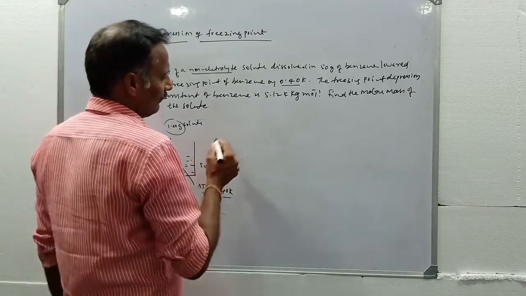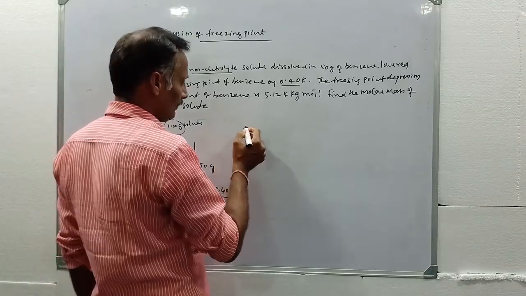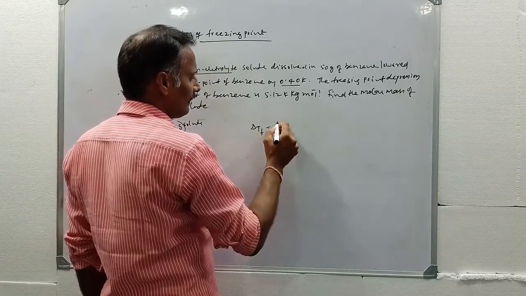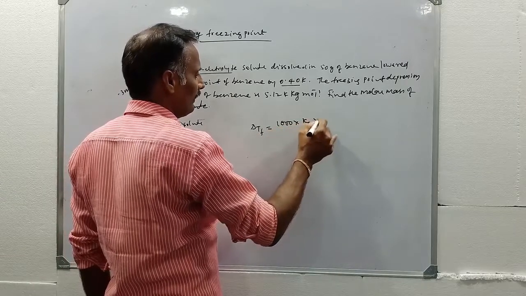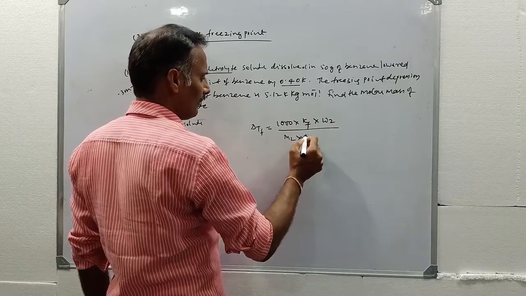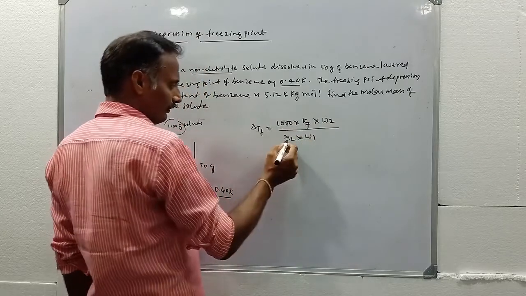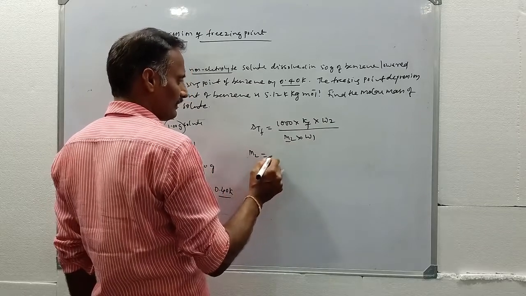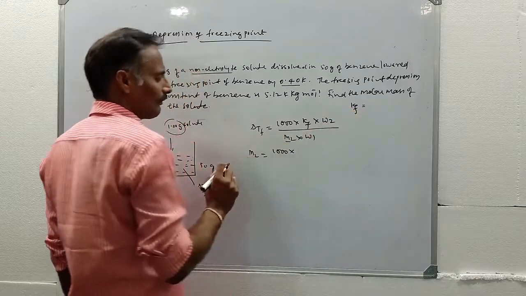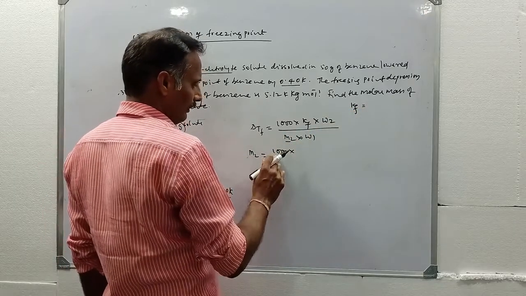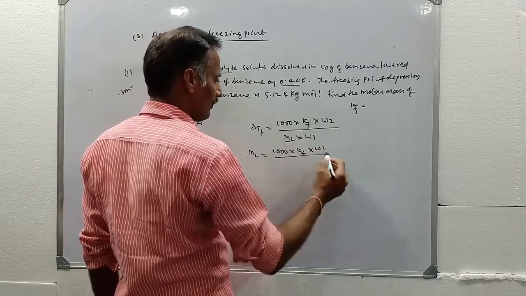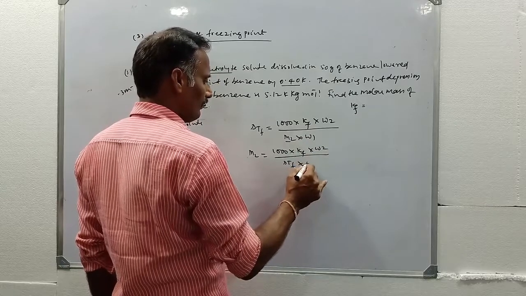Then we know that according to depression of freezing point, delta Tf is equal to 1000 into Kf into W2 divided by M2 into W1. Then we require M2, so M2 is equal to 1000 into Kf into W2 divided by delta Tf into W1.